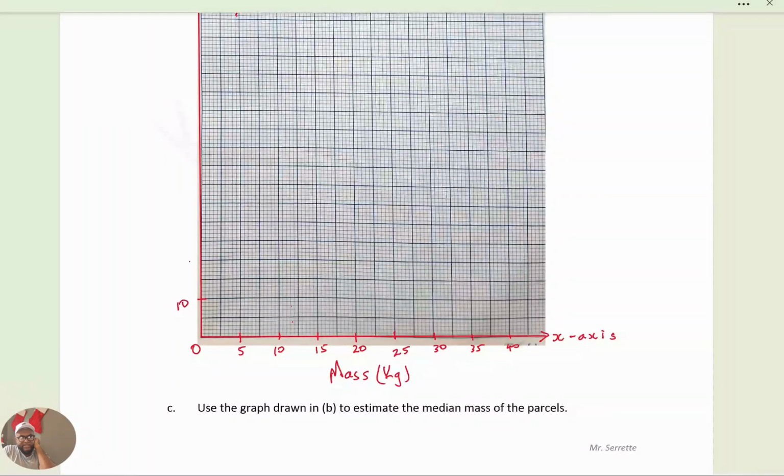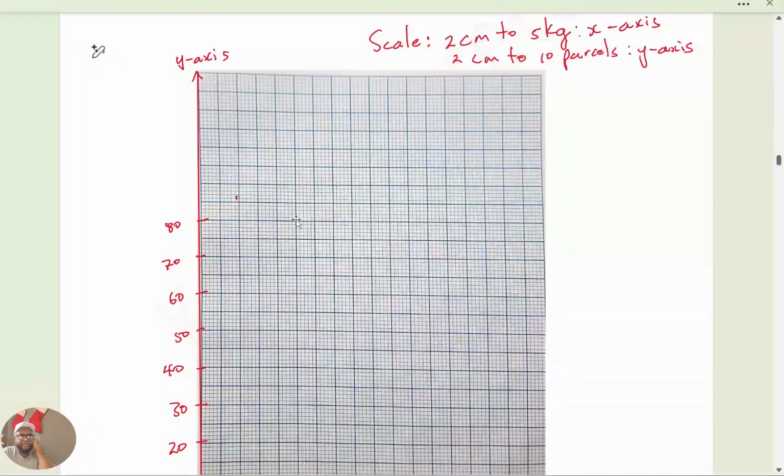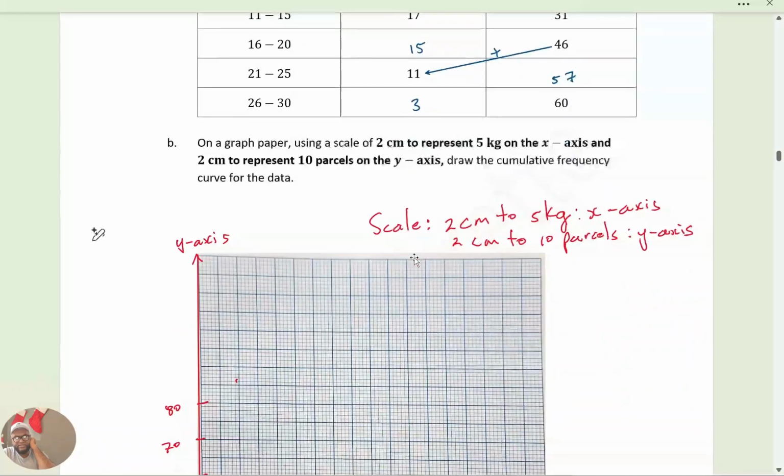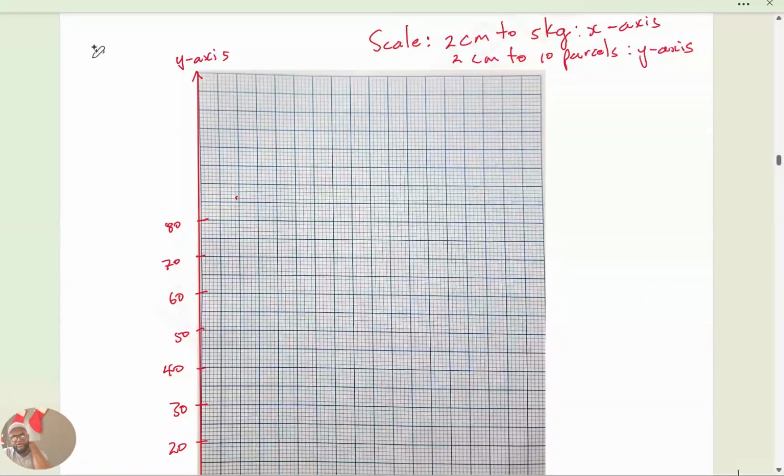So you're counting 10, 20, 30, 40, 50, 60, 70, 80. What's the highest cumulative frequency? 60. I don't even have to go so high.